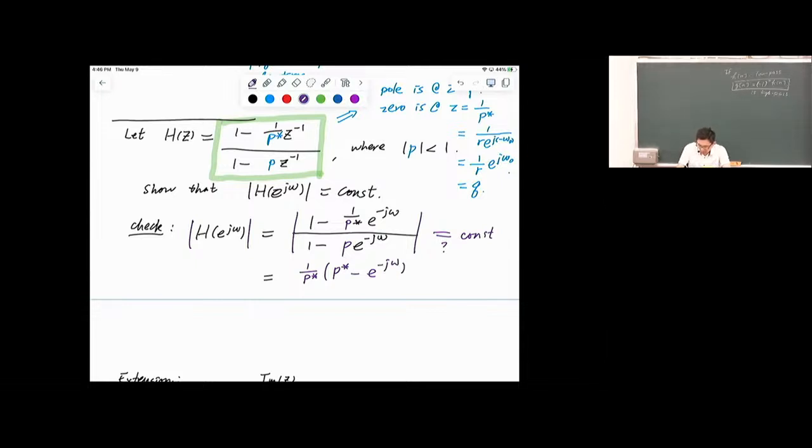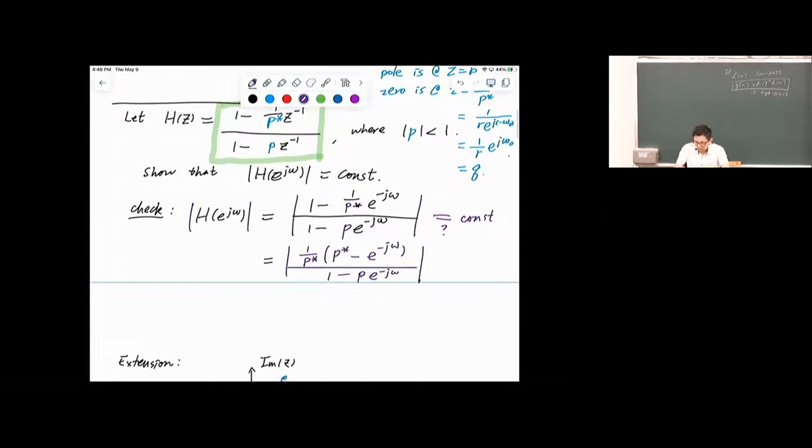And at the bottom, we have the same thing, 1 minus p e to the minus j omega. And we take the absolute value around the entire expression. This really is about working our way backward.